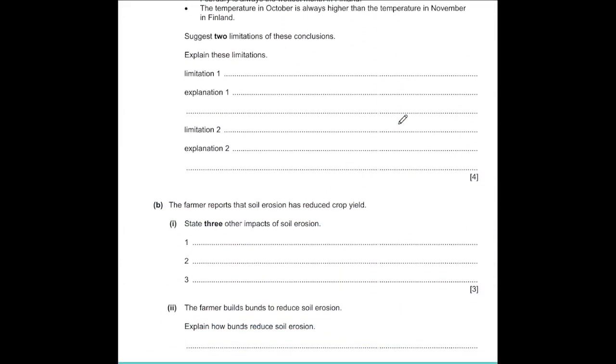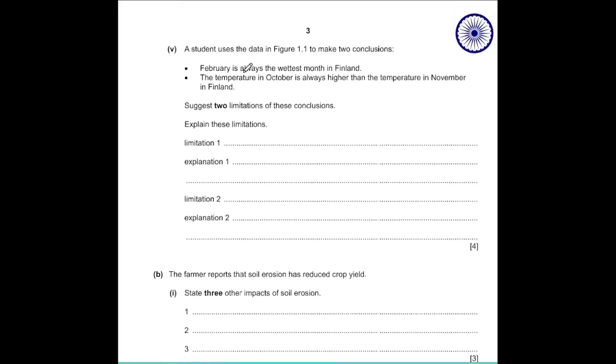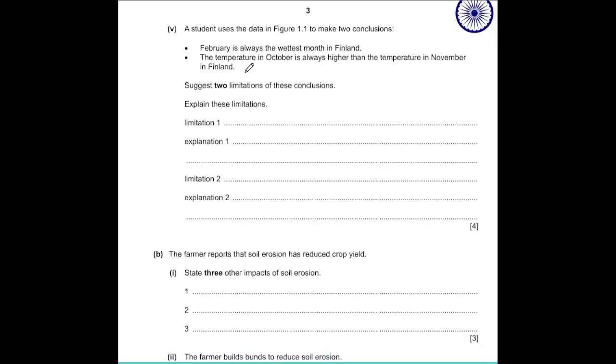Suggest two limitations of these conclusions. What is the limitation here? Now your limitation should always match with the explanation, right? So what will be the first one? As we say here, Feb is always the wettest month. Conclusion is given here, that wettest month.